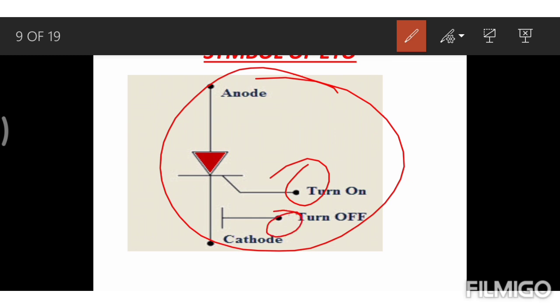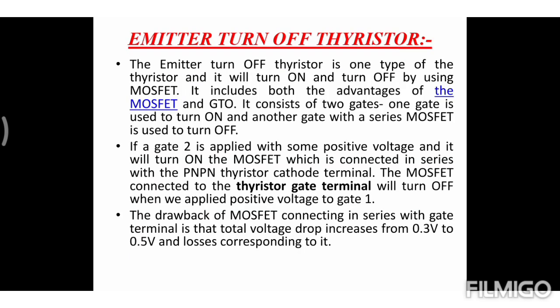So by using these 2 gates, we are going to turn on and turn off. By using the GTO, we do the turn on, and by using the MOSFET, we do the turn off of this emitter turn off thyristor.